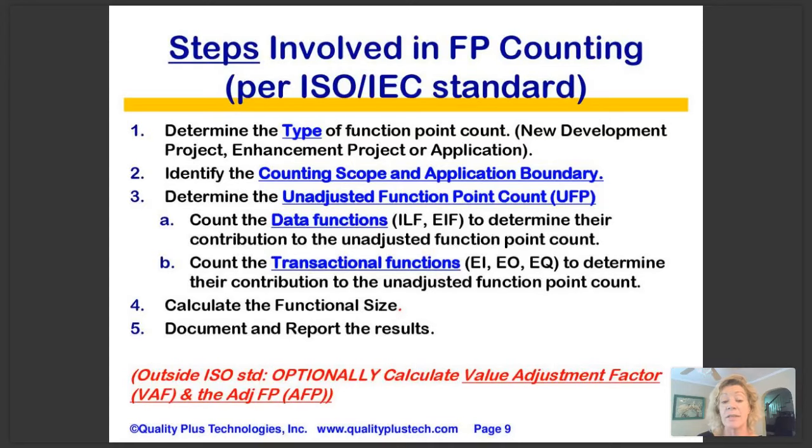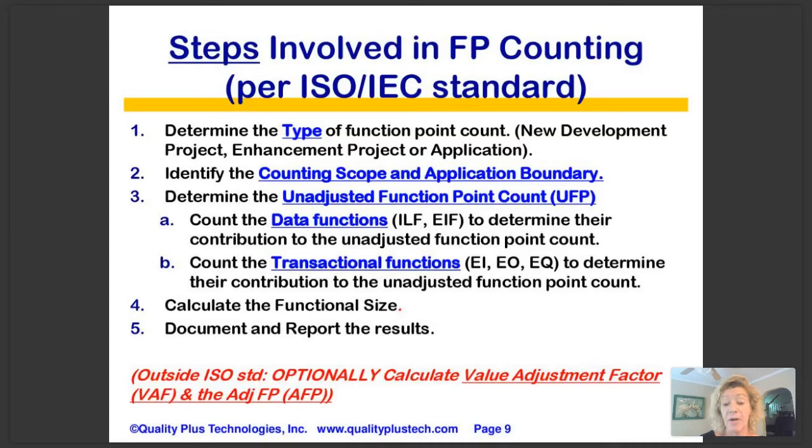So when you see the words data functions, you should immediately think of ILF or EIF. When you see the words on the exam, transactional functions, that means EI or EO or EQ. So we count these things all up and we determine the functional size. The functional size is my unadjusted function points.